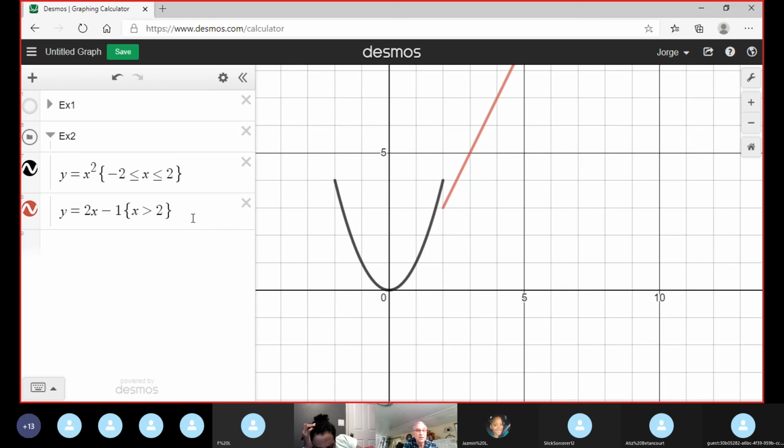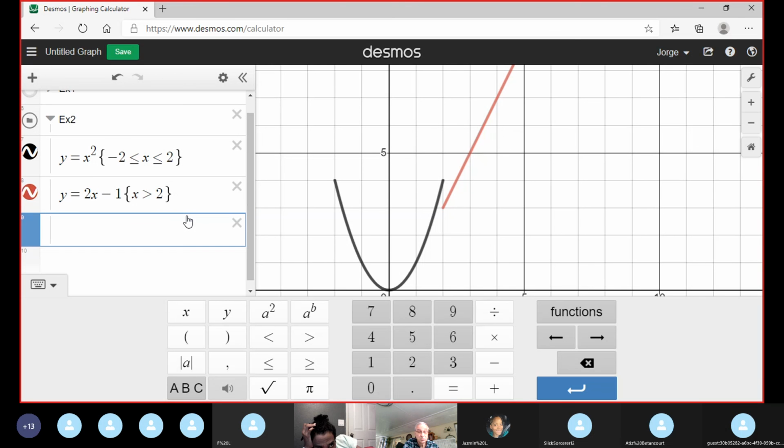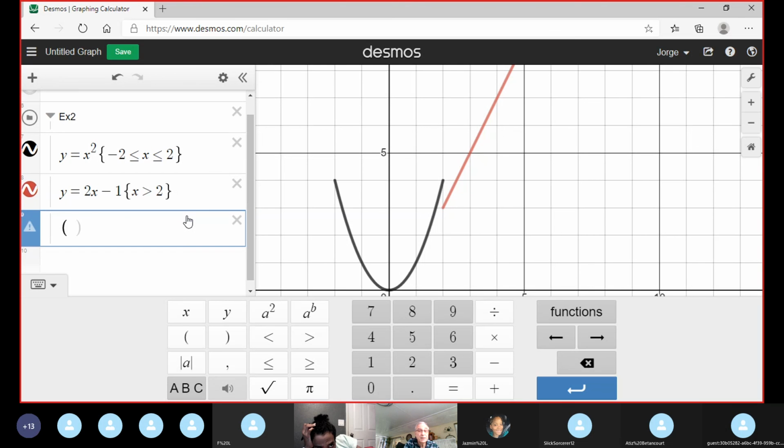Okay. So -2, the transition point, -2, +2, here is equal. Equal means the circle is closed. So the point is -2,4. Do you see that the y value is 4? Boom. And also 2,4, separated by comma.